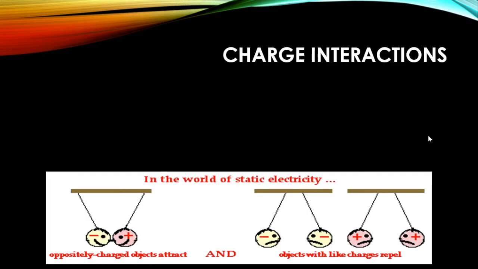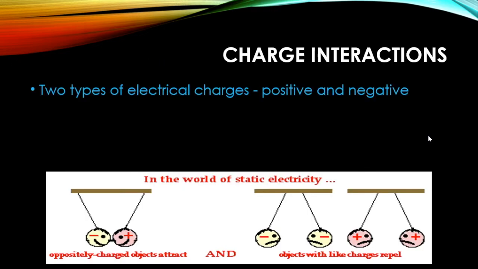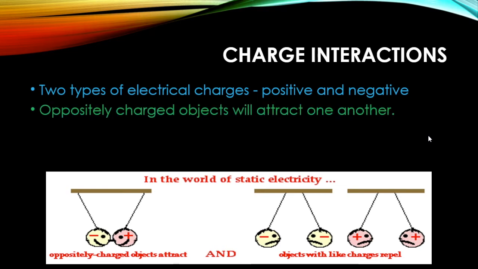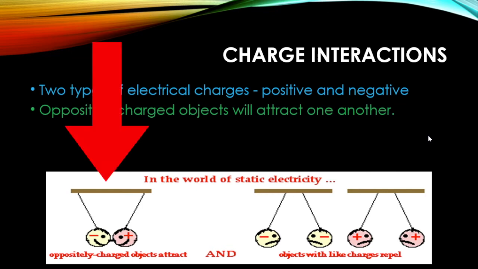Let's talk about charge interactions. Over here, we're going to say that two types of electrical charges, those positive and negative charges, can interact with each other, and we want to see what happens in these scenarios. Well, there's really only two scenarios involving positive and negative charges. One of the scenarios is when one charge is positive and one is negative, as we can see in the bottom left.